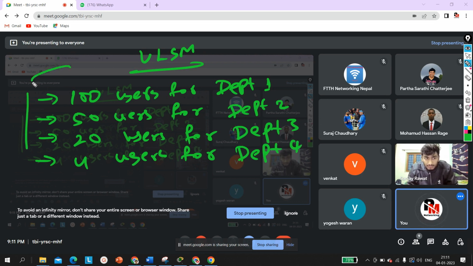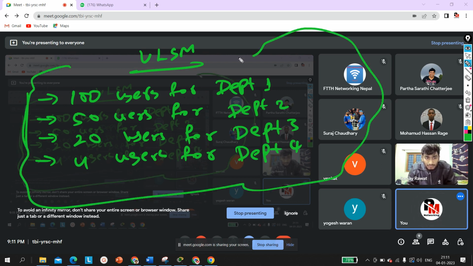If you divide using FLSM, you will waste a lot of IP addresses. So instead of FLSM, here we will use VLSM, meaning this time the length of my network will be variable.